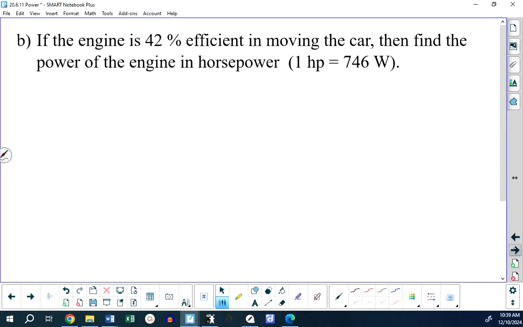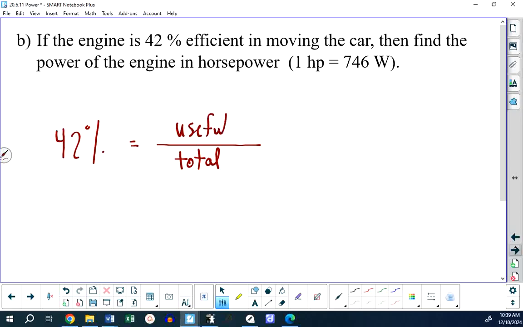So, this is saying 42% is the useful power over the total. And I'm just customizing that formula a bit times 100. When you hit the gas in a car, what do you want the energy used to do?